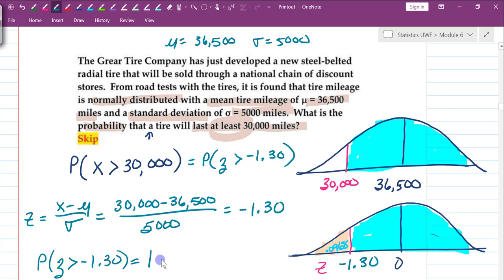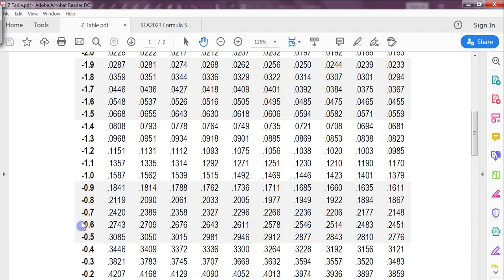1 minus 0.0968, because my memory sometimes fails me. I'm going to go back and just double check to make sure I have that right. 1.30, 0.0968, yep.